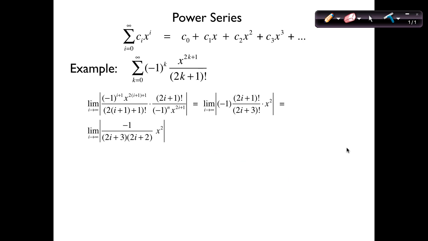And now we're ready to take the limit, which means let i get really big and see what happens, right? So when i gets really big, what happens here? What does that become? 0, right? It's got a big denominator, -1 over a huge denominator, 0. And what happens to x squared when i gets big?